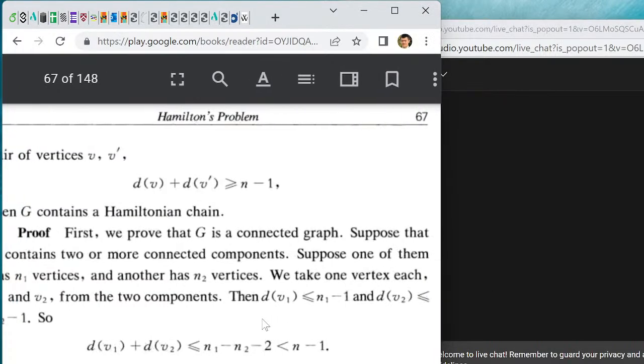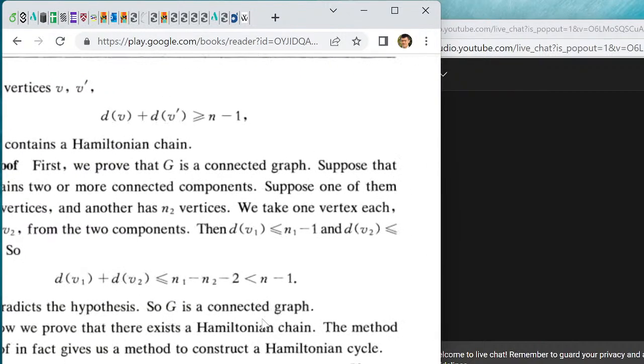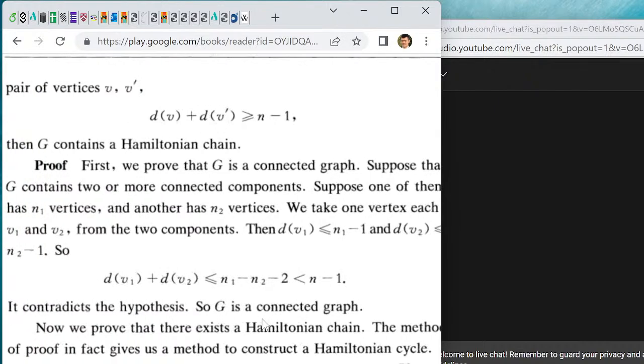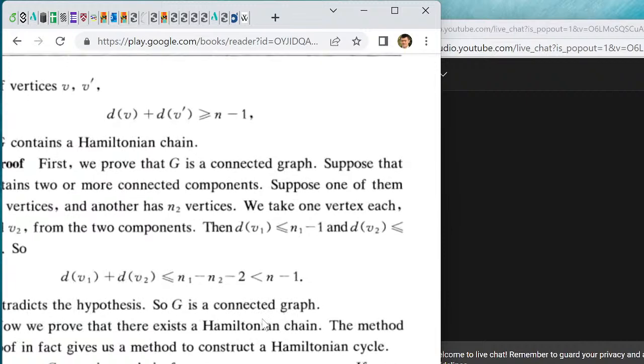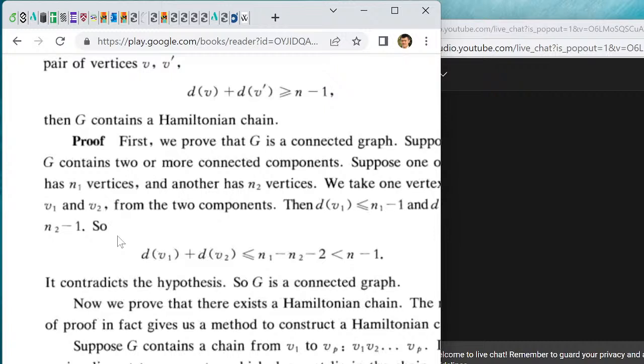Suppose that G contains two or more connected components. Suppose one of them has n1 vertices and another one has n2 vertices. We take one vertex each, v1 and v2, from the two components.